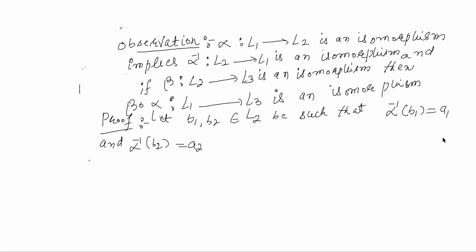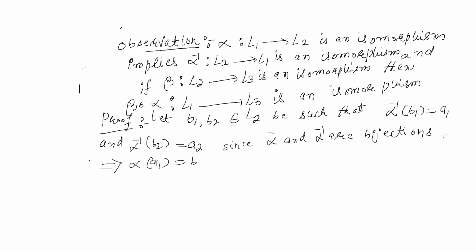Now since alpha is a bijection, alpha inverse is also a bijection. So alpha of A1 should be B1 and alpha of A2 should be B2.